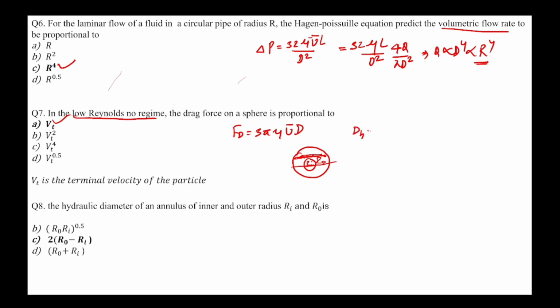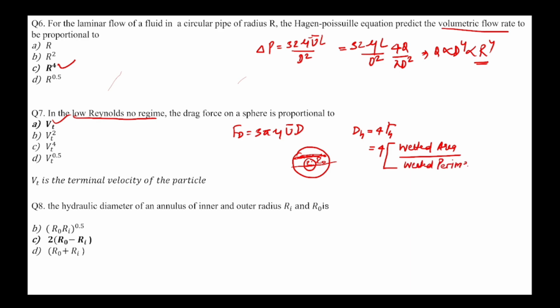Hydraulic diameter is equal to 4 into hydraulic radius. So 4 into hydraulic radius is wetted area upon wetted perimeter.